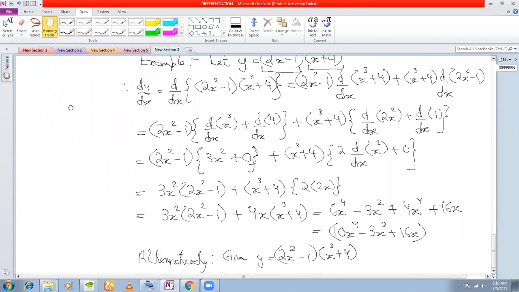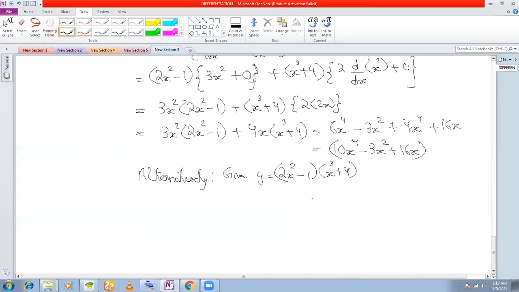Okay, so what we do here is multiply these two, because it is a product of only two algebraic polynomials. So we'll multiply these two to get 2x to the power of 5, plus 8x square, minus x cube, minus 4. Okay, so this is what we are getting.